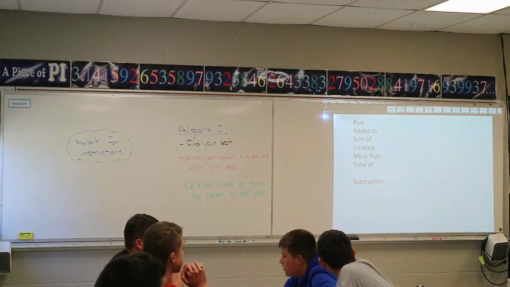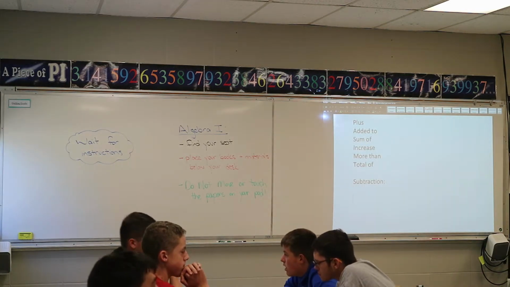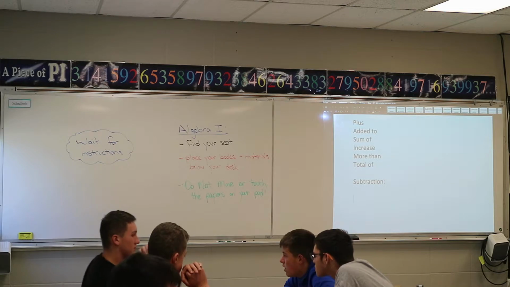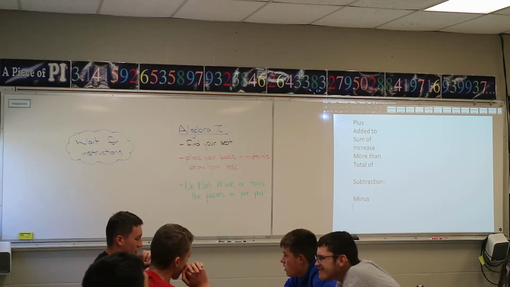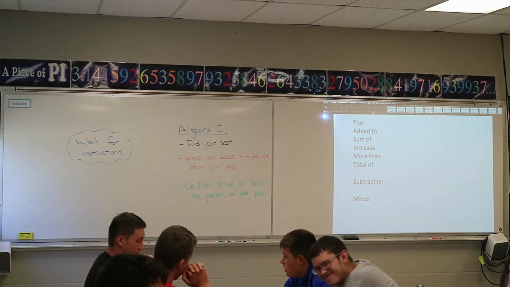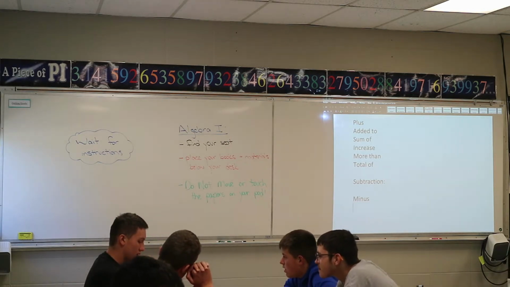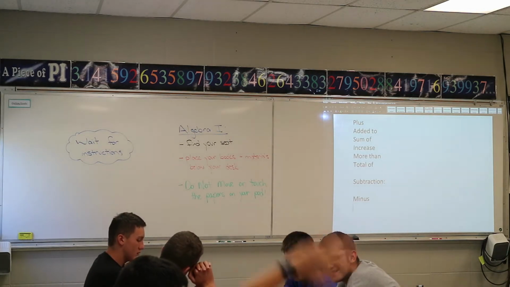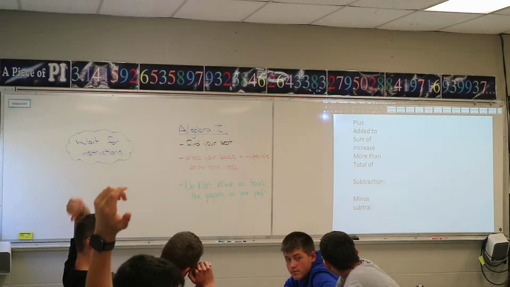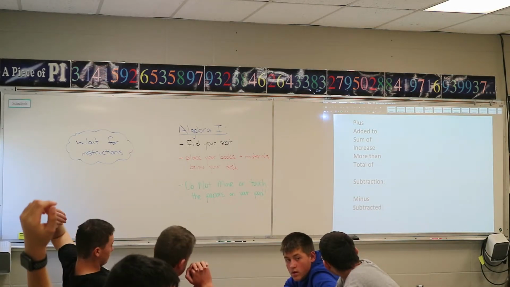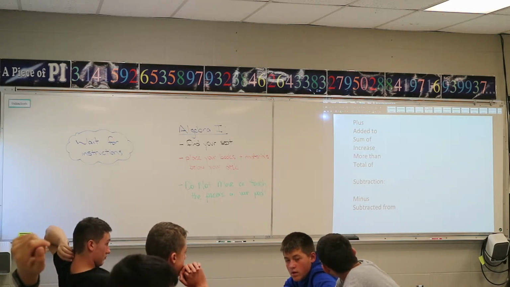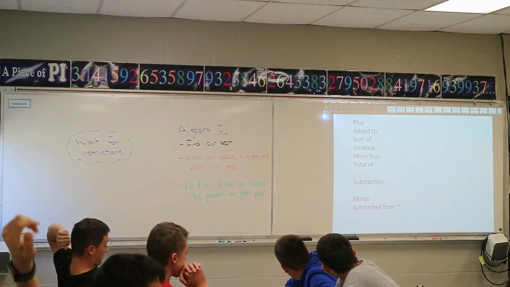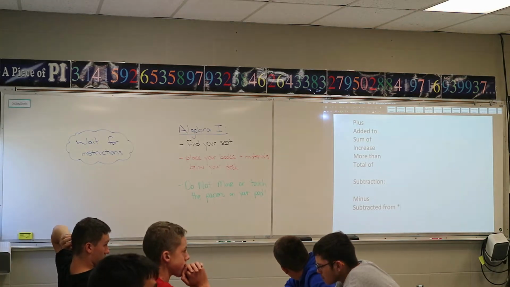Let's see, who's a group that's confident in one of theirs? Okay, give me one. Minus. Minus, the number one word that a lot of people use. I know in science class, they really despise the word minus. What's another one? Dart, you got one? Subtracted from. Now, when you type subtracted from, put a little asterisk star behind it. There's a rhyme or reason why I have a star behind that one.